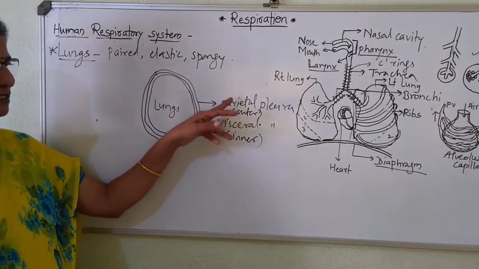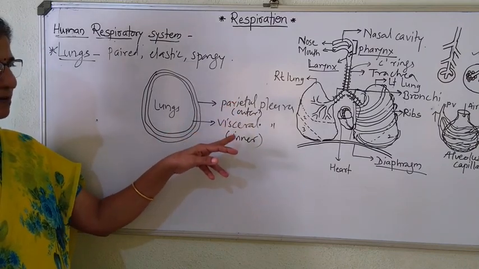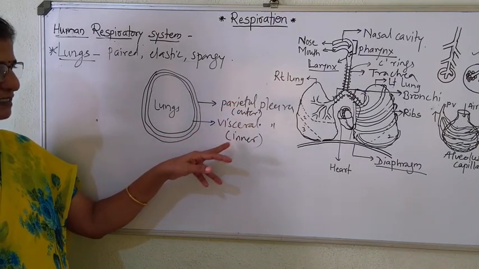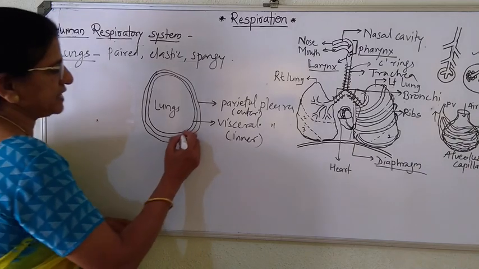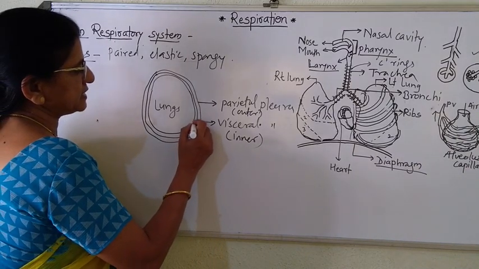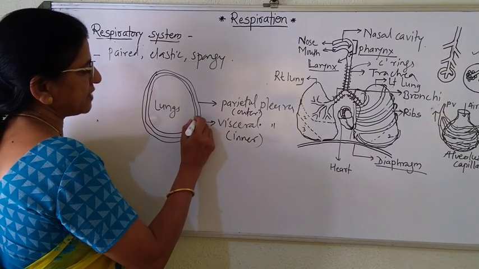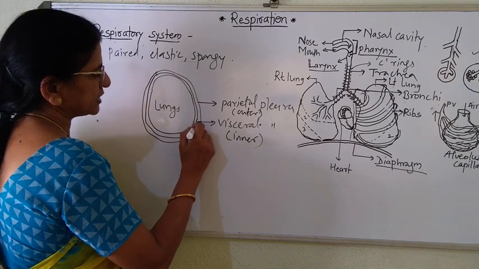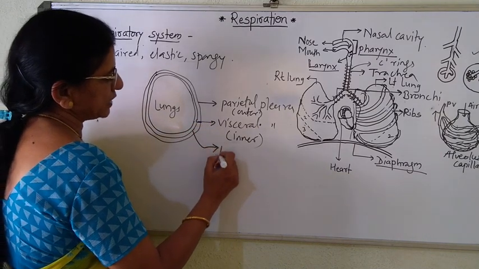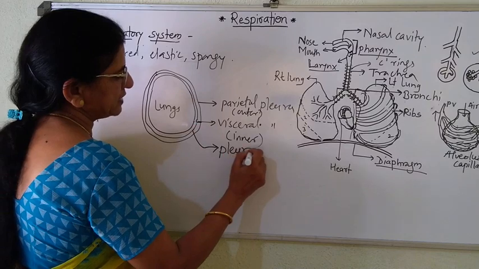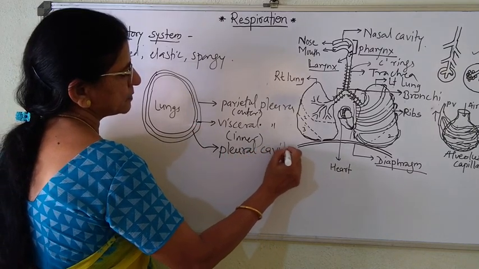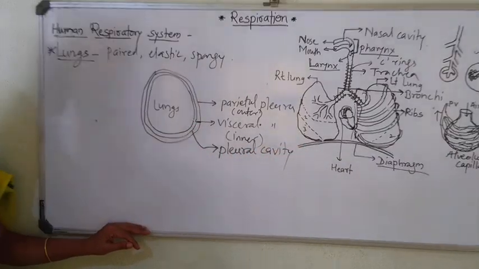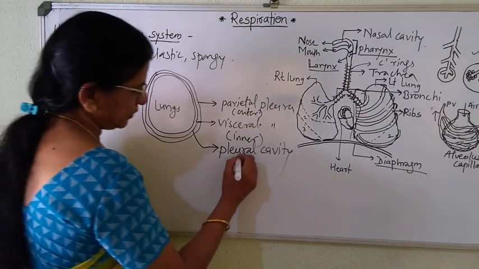Now these outer and inner pleural membranes enclose one cavity. In between them, the cavity is known as the pleural cavity. This pleural cavity is filled with pleural fluid.